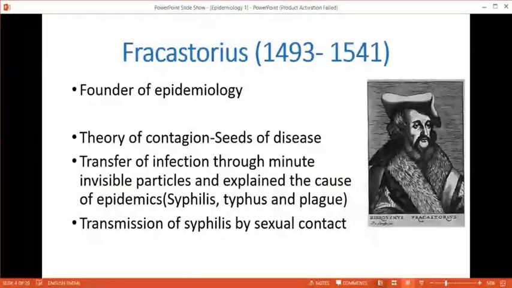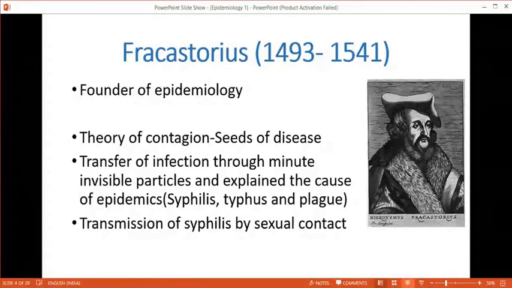And then there was a long gap in between. After a long time, in the 15th century, Fracastorius, the founder of epidemiology, said that something had been implanted inside the person to cause a disease. So he proposed the theory of contagions, seeds of disease.